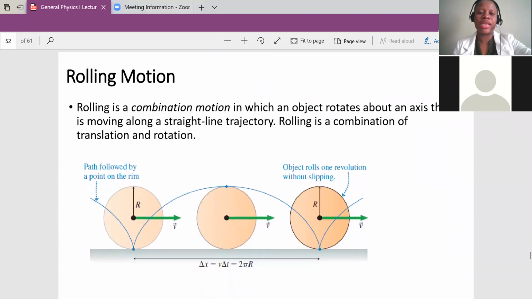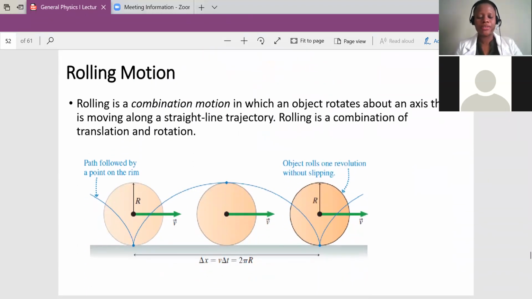So let's look at the very last part, which is the rolling motion. Rolling motion is a typical example of a combinational motion, which is the combination of translational and rotational motion, which we saw as the third type of motion that a rigid body can take. We saw separately translational, then rotational, then a combination of both.